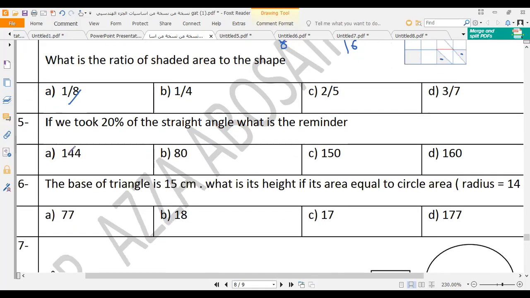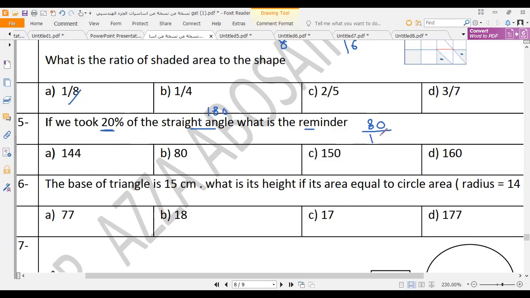The next question is, Salma, if we took 20% of the straight angle, what is the remainder? What's the meaning of this question? I took 20% from the straight angle, which is measured by 180, okay? And he wants you to find the measure of the remainder. You can find the remainder from the percentage, as the whole angle will be 100%, and the remainder will be 80%.